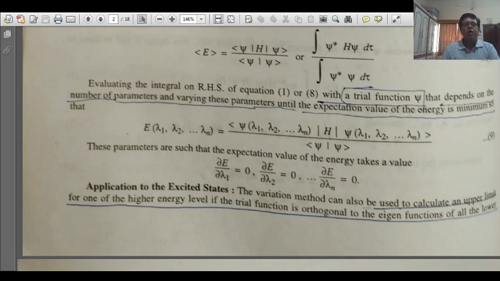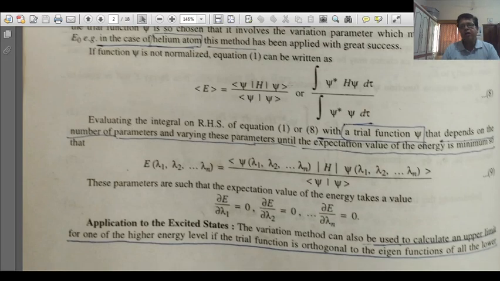Evaluating the integral on the right hand side: how can we calculate it? Just put the value of the trial function here and calculate the integral. So you can easily calculate the expectation value of E, which depends upon a number of parameters, and we vary these parameters until the expectation value of the energy is minimum.